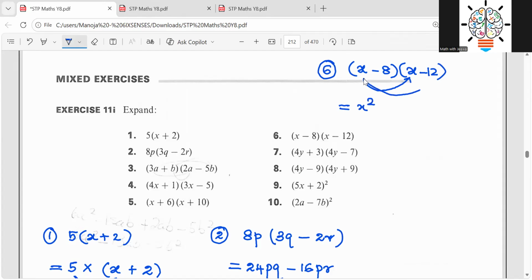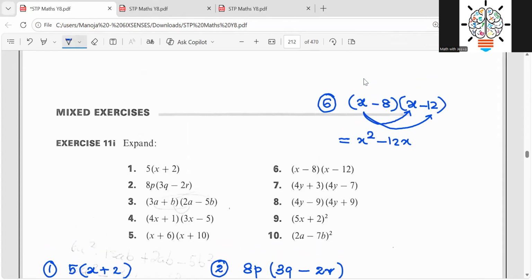Then x times negative 12, negative 12x. Then the second item in the first bracket, negative 8 times x, negative 8x. Then negative 8 times negative 12. 8 times 12 is, so sorry, not 84, it is 96. You multiply a negative value by a negative value, so it becomes positive 96.